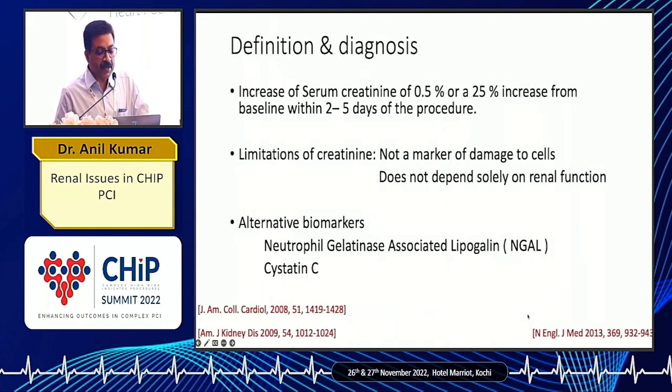So alternative biomarkers have been proposed. Most important were NGAL and cystatin C. Cystatin C is approved by the US FDA. Although many new biomarkers have been proposed, creatinine continues to be used because of the availability, low cost, and the amount of data in the literature.